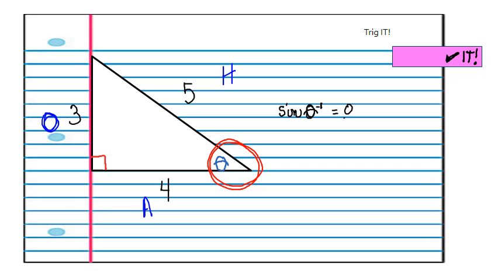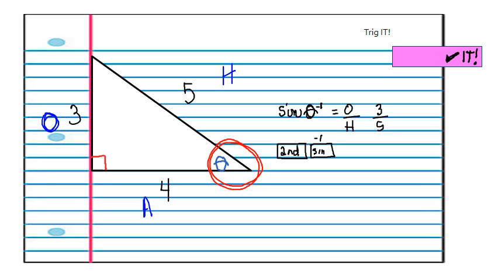And it equals O over H. Okay, O is 3, H is 5. So in our calculator, what we're going to do is hit the second key and then sine, because up above you notice it has that -1 there. So what we want is actually the guy up above.